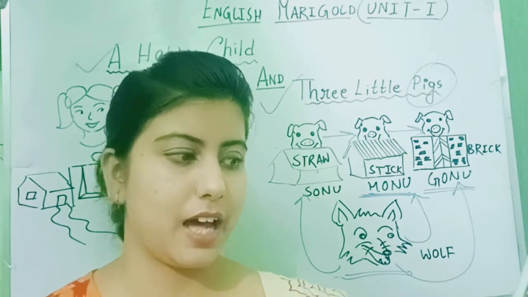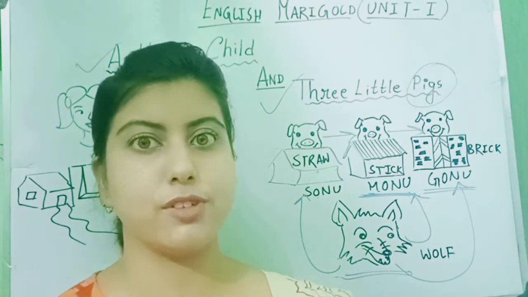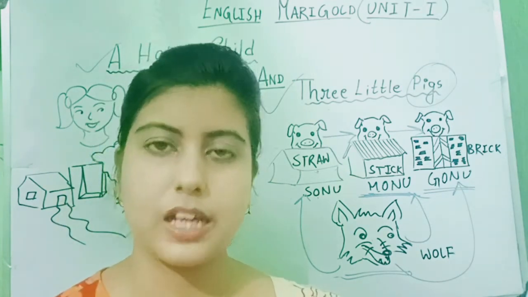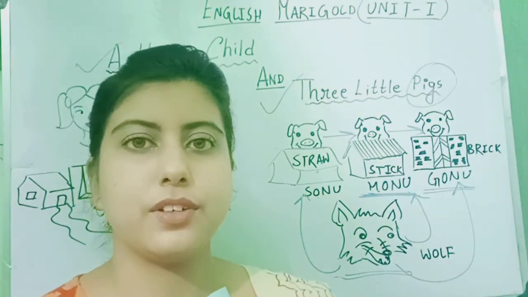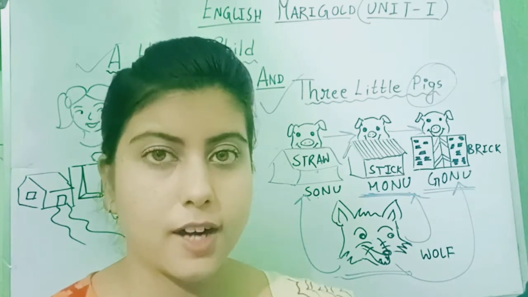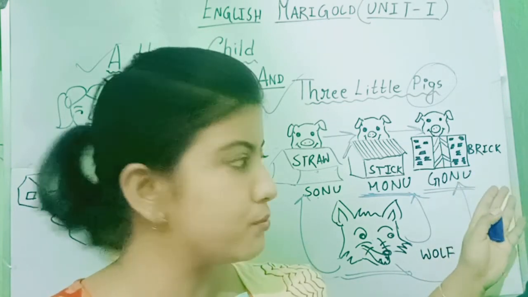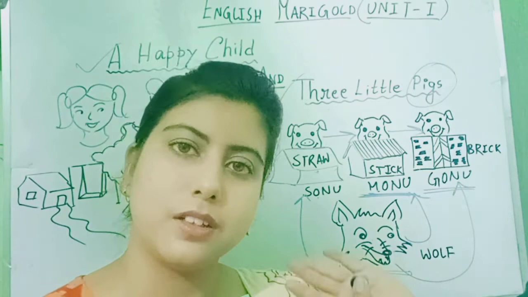He said, I will huff and puff and I will blow your house down. The same words. Here also the wolf said that he will huff and puff so hard that the house of Gonu will be blown down.